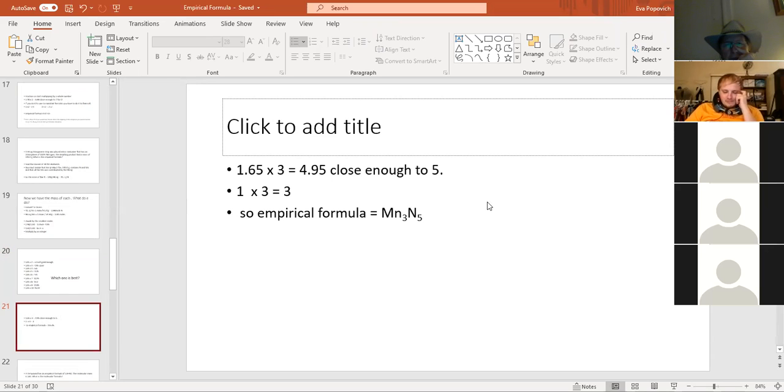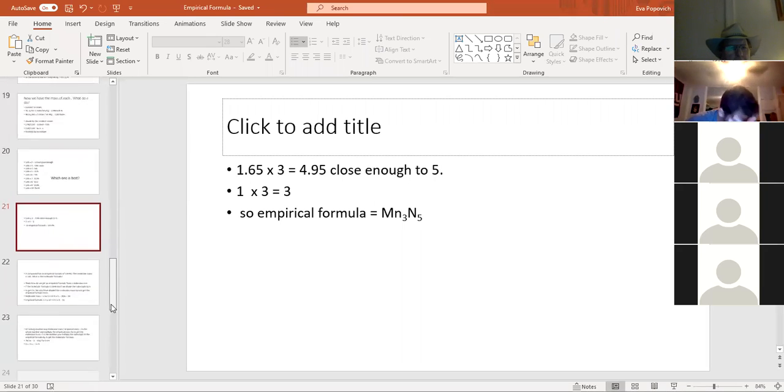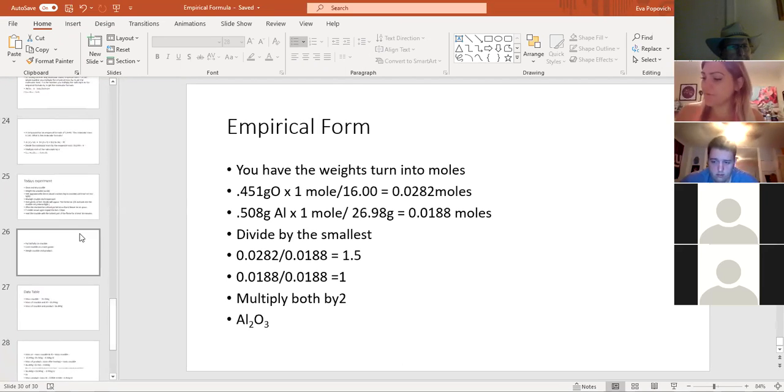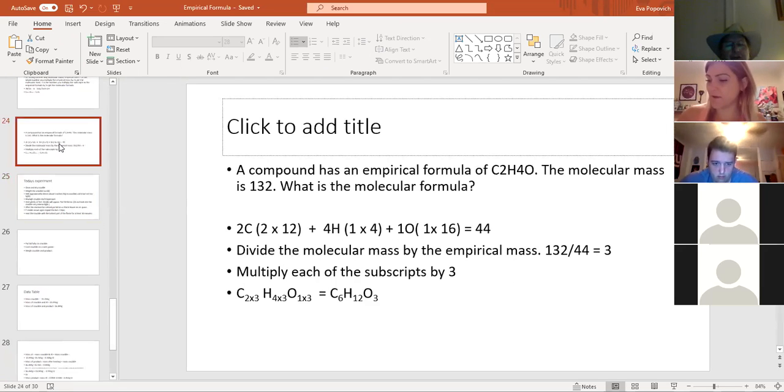Questions, guys? I have a question. Does the Mn have to go before the N? Yes. Why? Cations always get listed before anions. Manganese is a metal. Okay, Katie? Always.